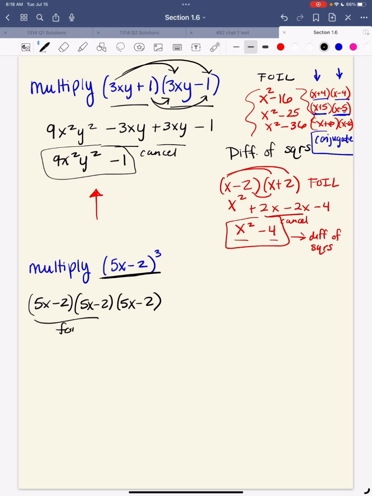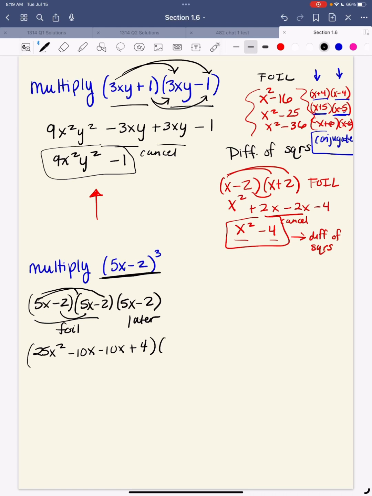So the way I'm going to do this is I'm going to FOIL this first, and then I'll do this third product later. So from my FOIL, I get a 25x squared coming from the first. The outers is going to give me a minus 10x. And then I have another minus 10x from my inners, and I have a plus 4 from my lasts.